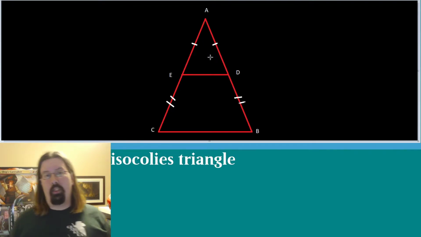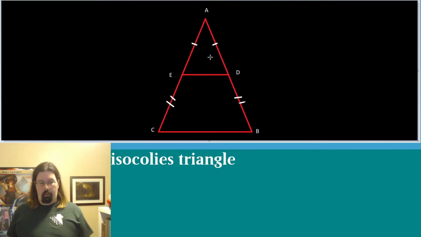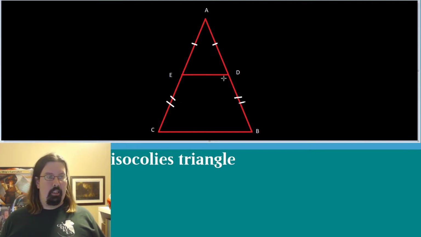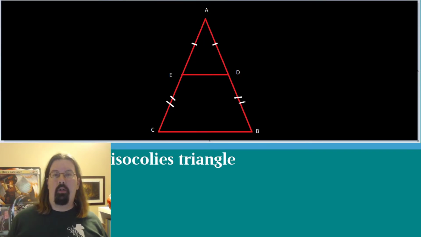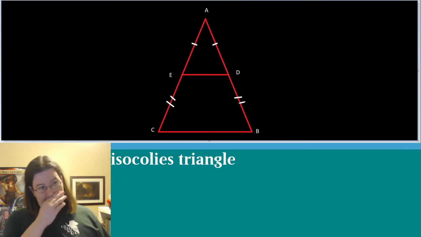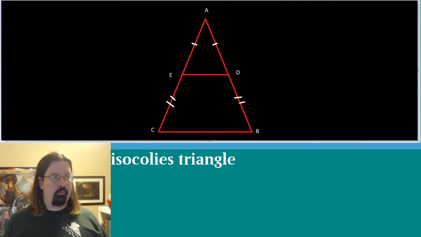Now, this brings a couple interesting little properties. ED and CB have to be parallel if these two are equal and these two are congruent.